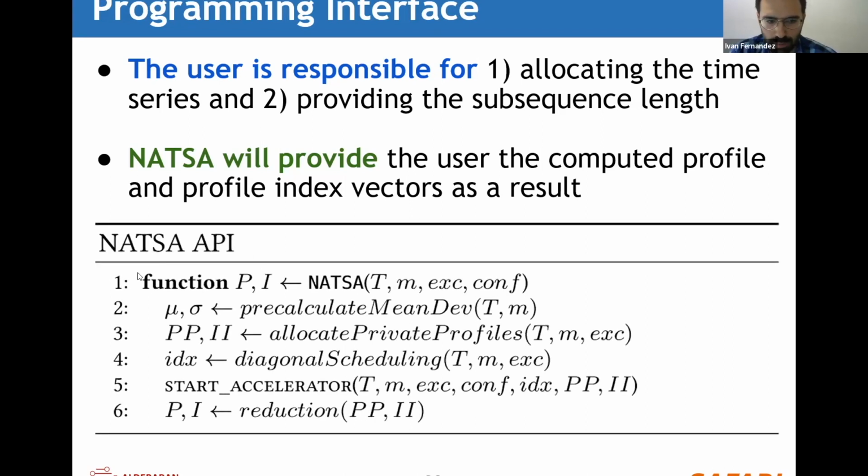It is comprised of a function that under the hood pre-calculates the statistics, like the standard deviations and means for every subsequence of the time series. It allocates the private profiles that are needed for all the PUs of NATSA. It calculates the static scheduling we just mentioned. It starts the accelerator, and finally, it performs a final reduction.